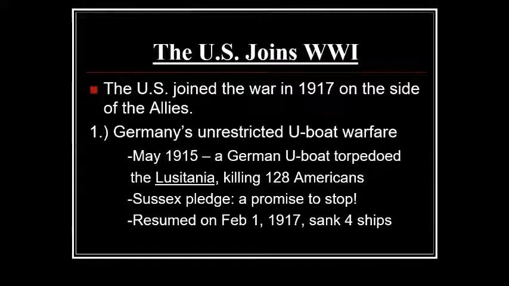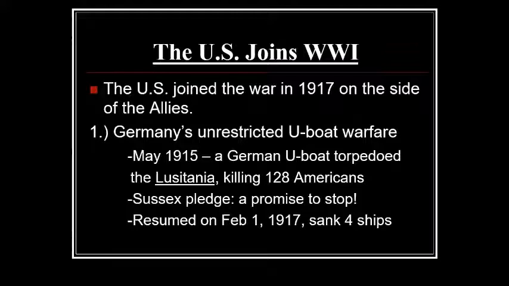Now, in 1917, the U.S. is going to join the war on the side of the Allies. And this is due to the Germans not caring about who they are hurting with their U-boats, their submarine warfare, because 2 years earlier, they torpedoed the Lusitania, which was basically a civilian ship, but it was also transporting military goods to the British.